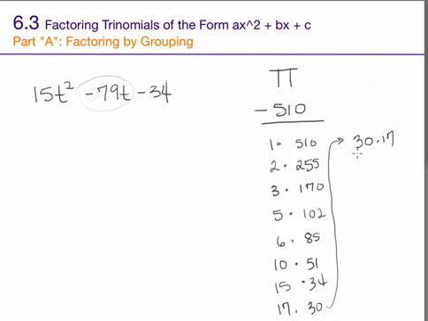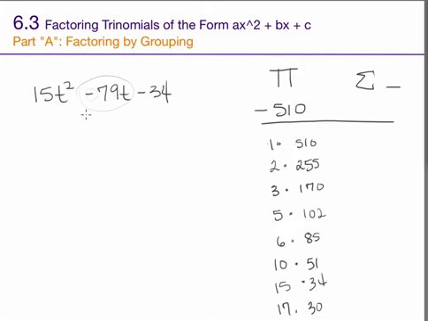And since I've already got 30 times 17 here, just written in the other order, I don't need to continue, because if there's nothing between 15 and 17, then there's nothing between 30 and 34 either. So actually, this is my complete list. This is all the different ways that I can get 510 by multiplying two numbers together.